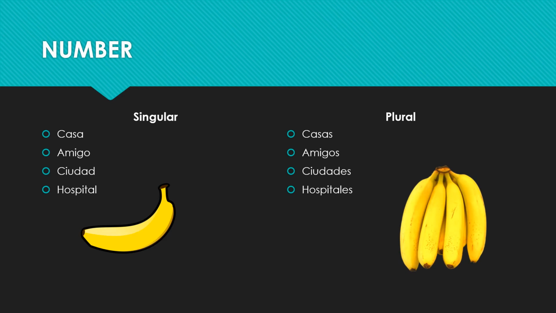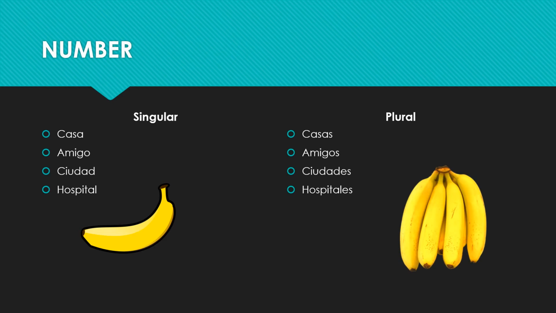Now, number is also a pretty basic concept. So we have this in English as well as in Spanish, obviously. When we talk about number, we're only talking about if the word that we're referring to is singular or plural. Here on the left, you have words that are in the singular, which means there's only one of each. So I have one banana there to help you remember.